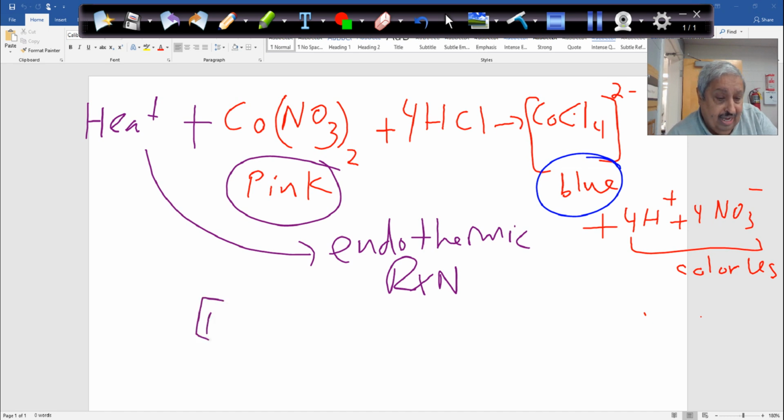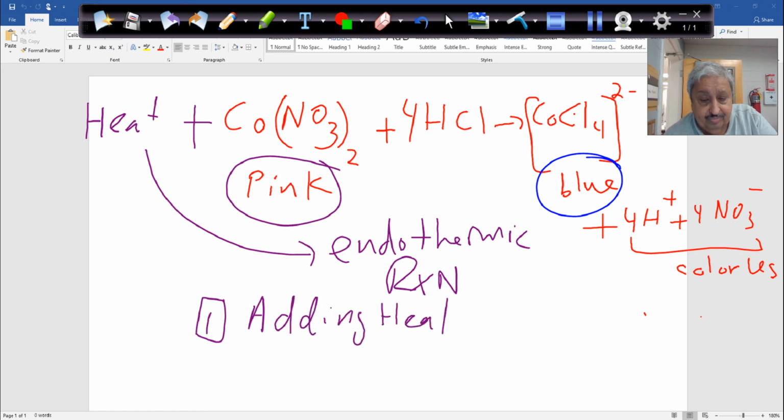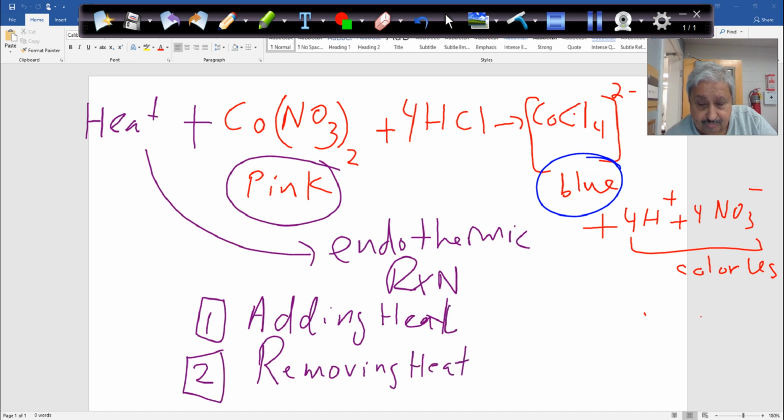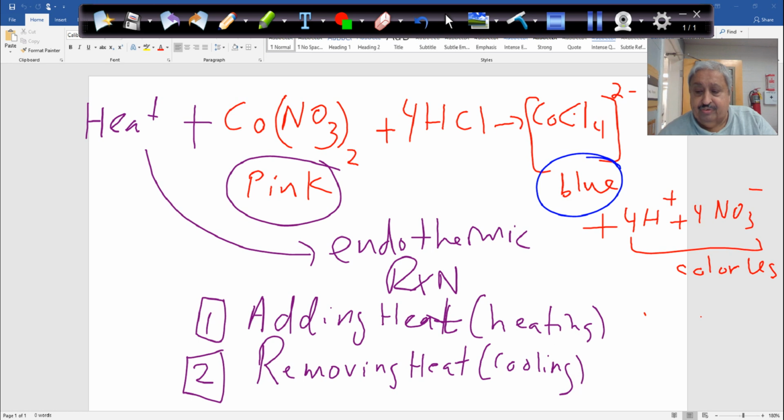So number 1, adding heat. Number 2, removing heat. Removing heat means cooling. Adding heat means heating. So you tell me about the shift.